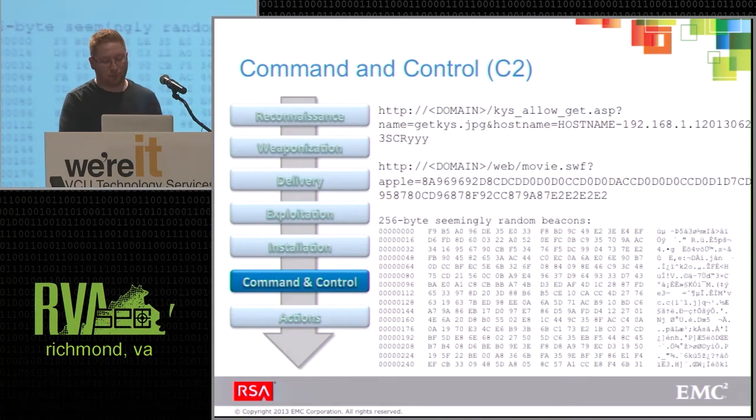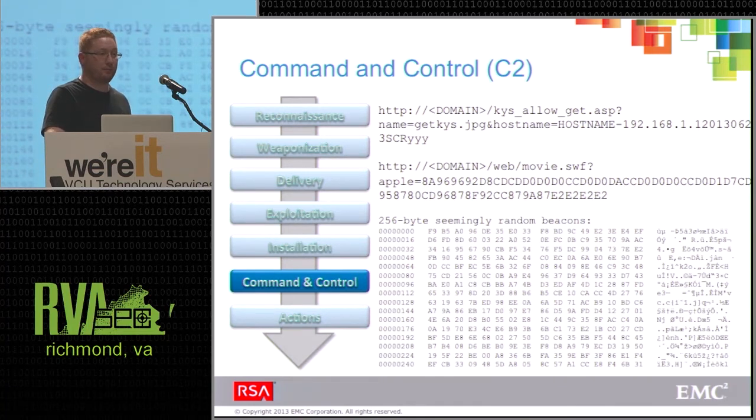Moving to the network level, we look for known things that will pop out to us. We know bad domain names. We could do domain names and do whois on them to find some indicators, and that's what the typical threat intel guys do. We're looking at the more technical side of that, which is looking for known URL structures. The one at the top, KYS allow get ASP, name equals get KYS.jpg, has been known for many years.